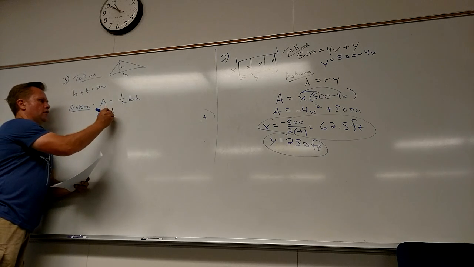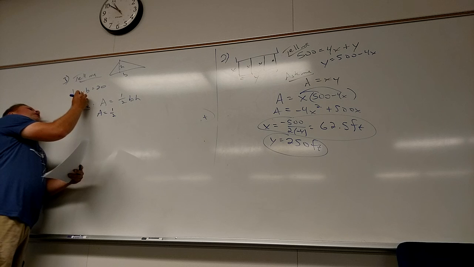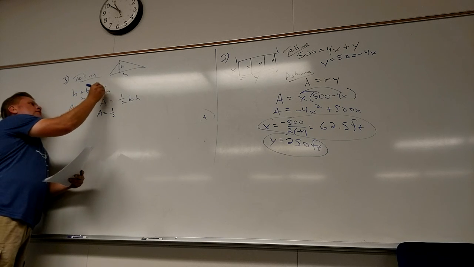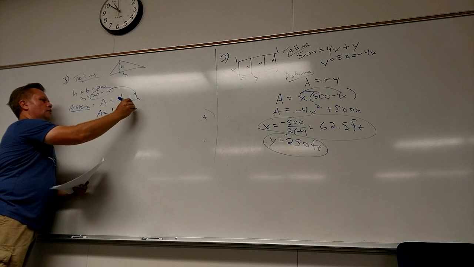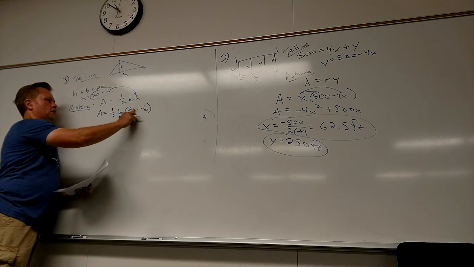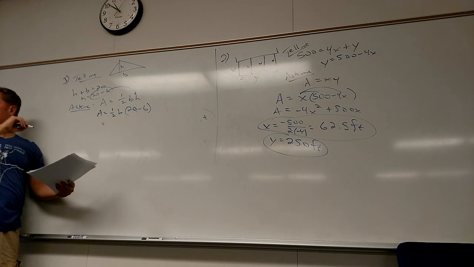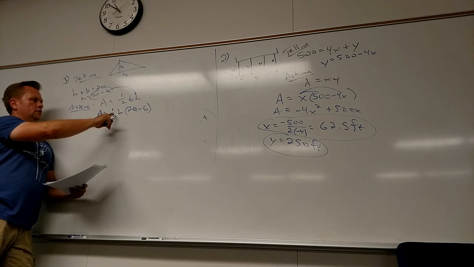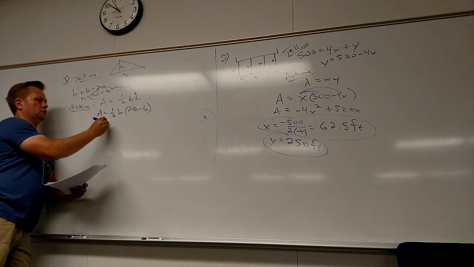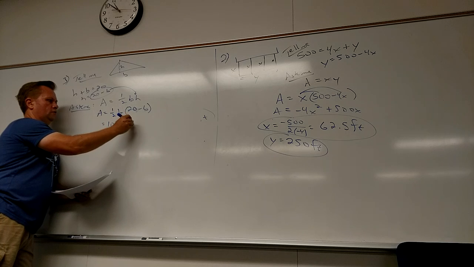But this will be 1/2. Which letter do you want to solve for? H, sure. So you get 20 minus b for h. 1/2 times 20 times b, so 10b minus 1/2 b squared.